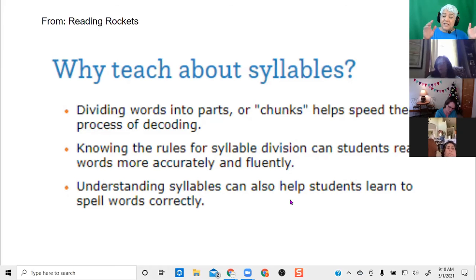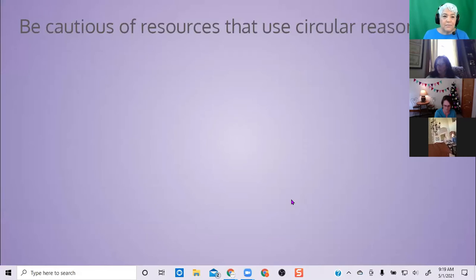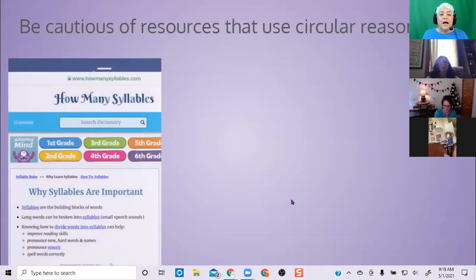So being able to syllabicate or being able to chunk the word gives them a means to attack it, so it doesn't look overwhelming. And from 3rd grade on, about 90% of new vocabulary, new words that they read are multi-syllable words. So in order to get to the meaning of those longer words, they have to know how to read them. In order to decode them, we often have to teach them how to break it into chunks. So that's what all of that was about.